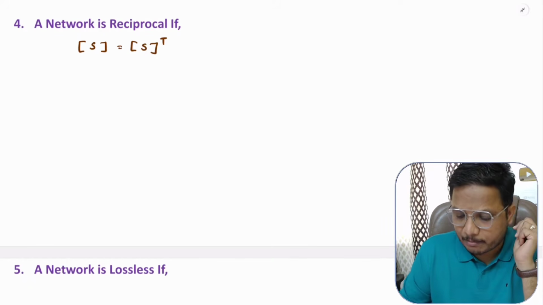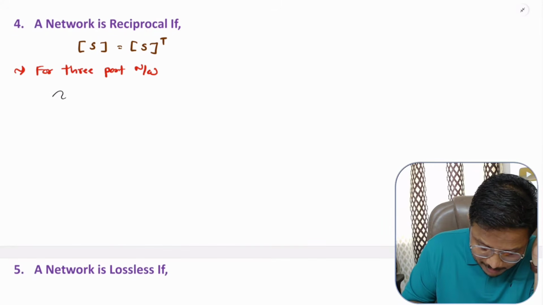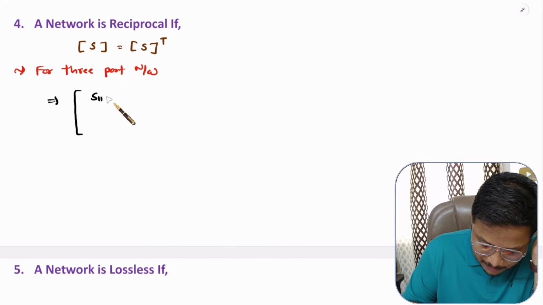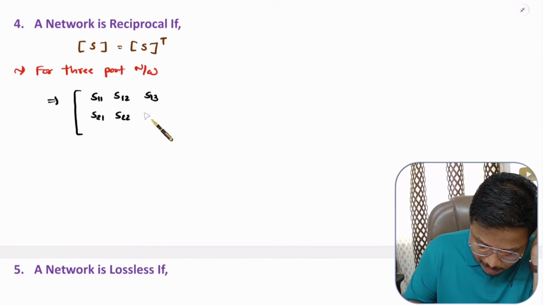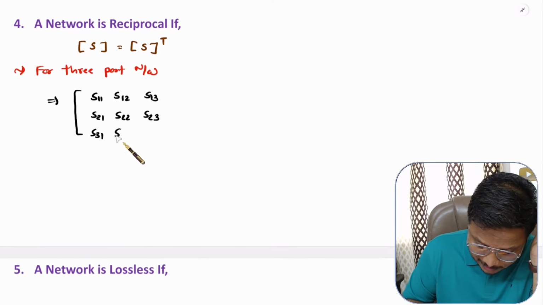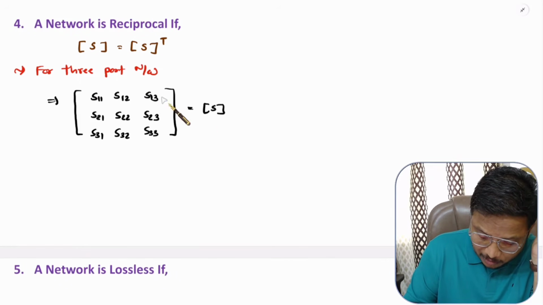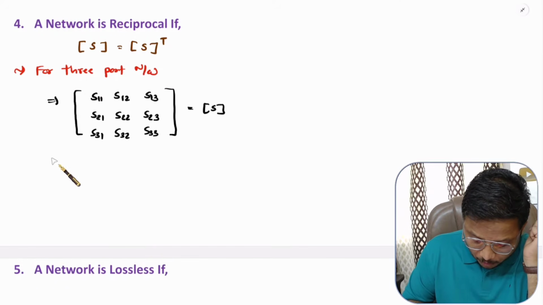Let me take one example. If you have a 3-port network, we will have the S matrix S11, S12, S13, S21, S22, S23, S31, S32, S33. That is the S matrix for a 3-port network.